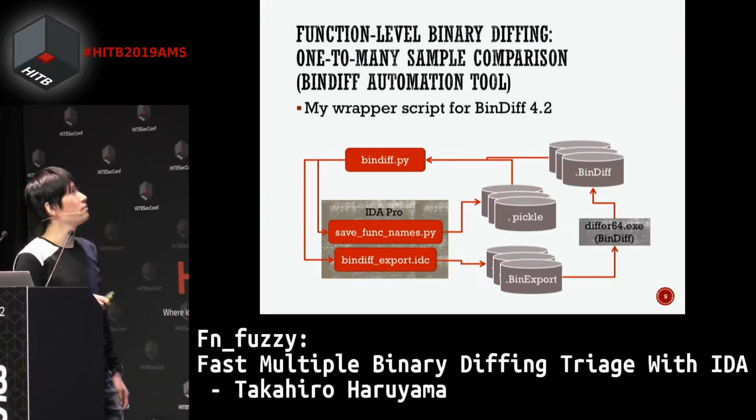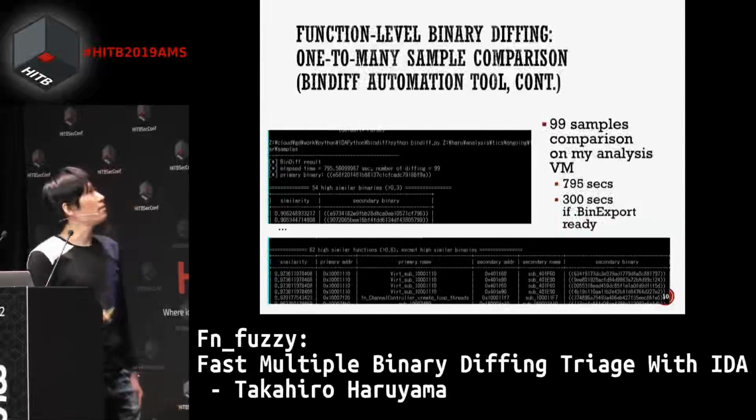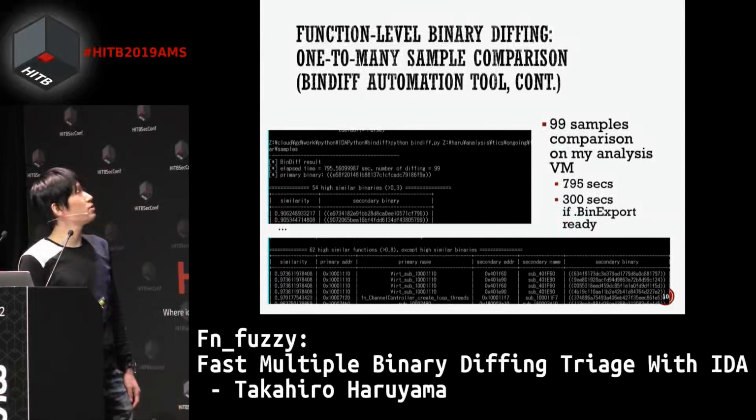And the wrapper receives the .bindiff file and function names and outputs the result. The wrapper script output is like this. It displays similar binaries. Other than that, similar functions.